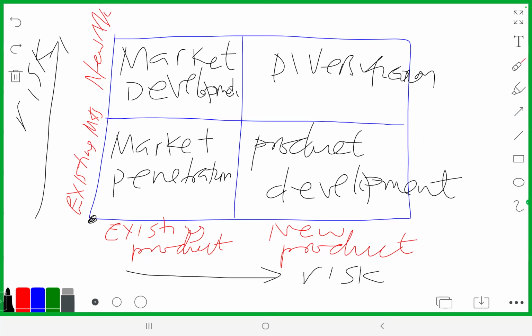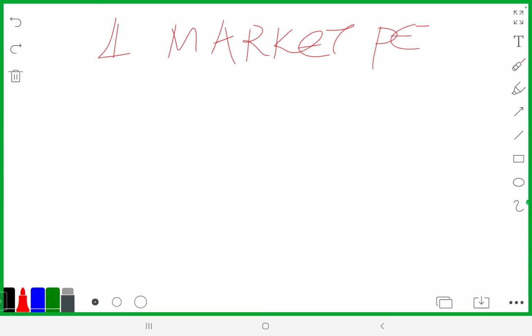To start with, it's better you start with the existing market, that is market penetration, the first go. So we start discussing this one by one. Let's pick market penetration as our first objective.